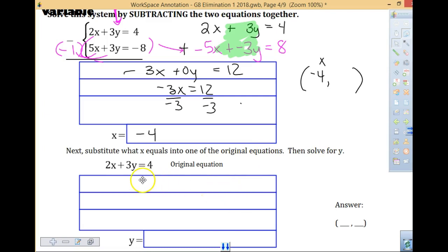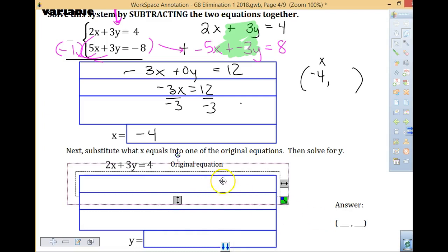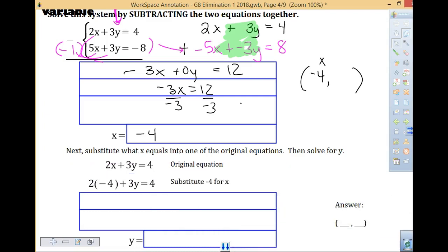As you are doing that, we are going to replace the x this time with negative 4. So we're going to have 2 times negative 4 plus 3y equals 4. Cody, if I'm multiplying the 2 times negative 4, I'm going to end up with -8. So I'm now going to have -8 plus 3y equals 4.